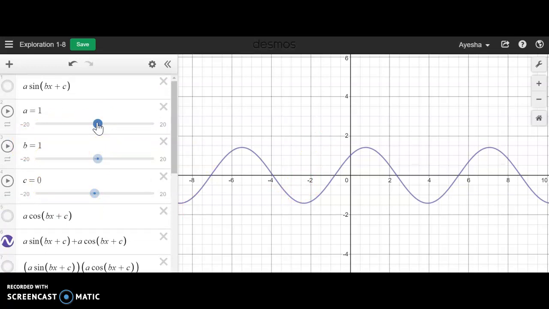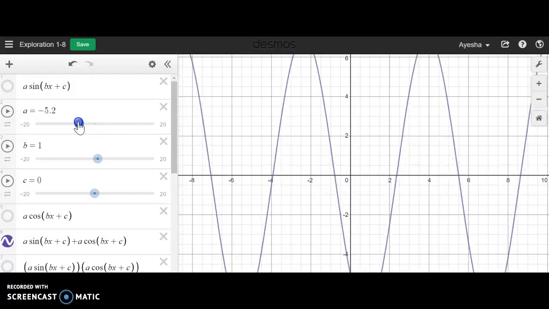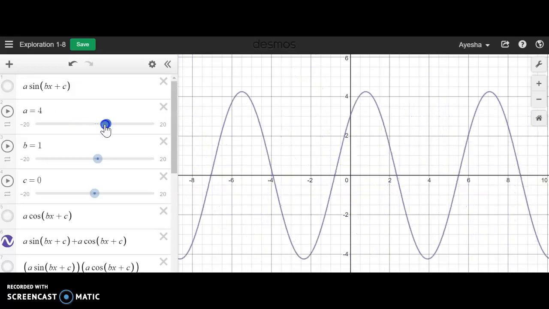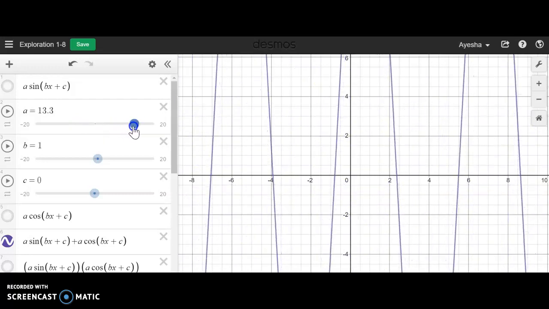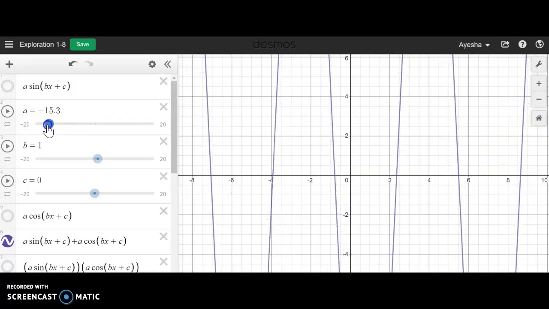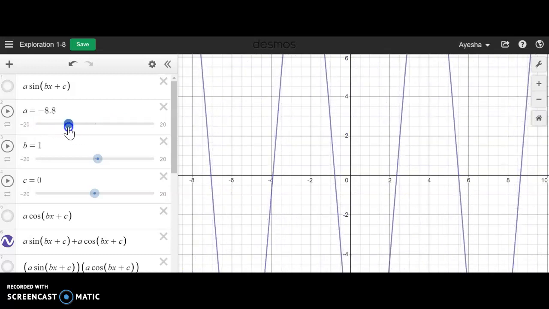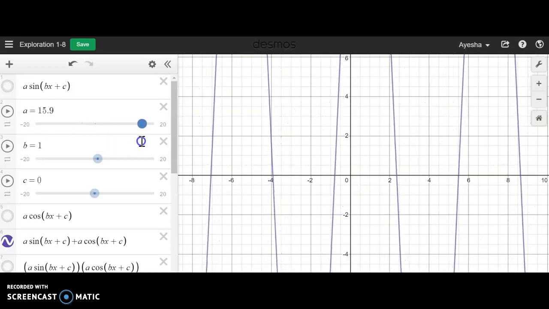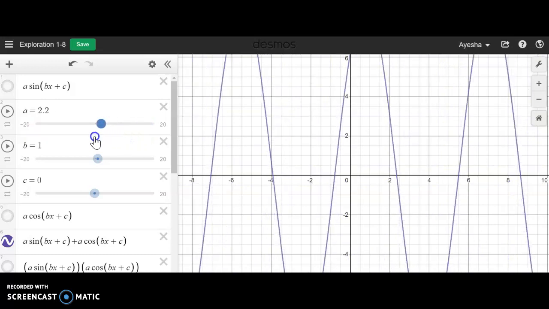Now we are going to look at h of x, which is f of x plus g of x. I'm going to switch a around, and it looks like this is changing the amplitude of h of x.